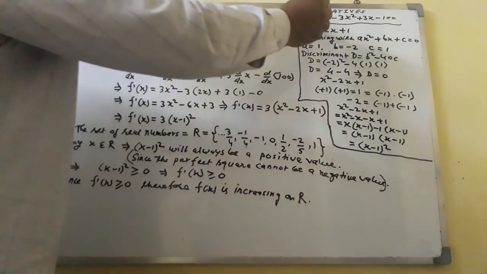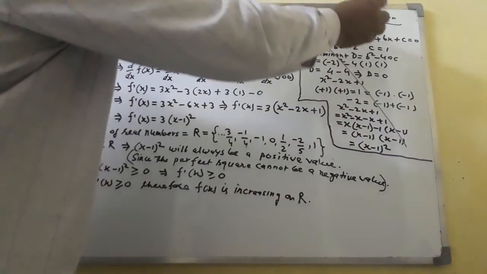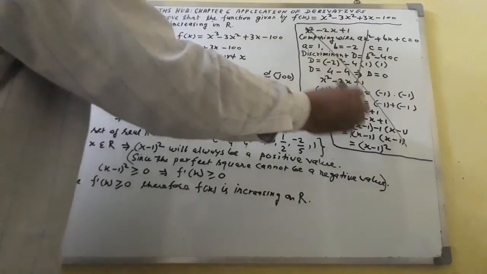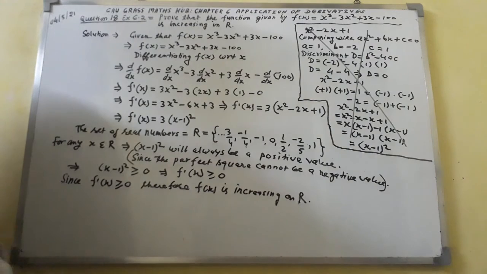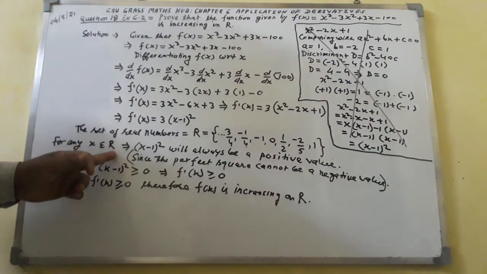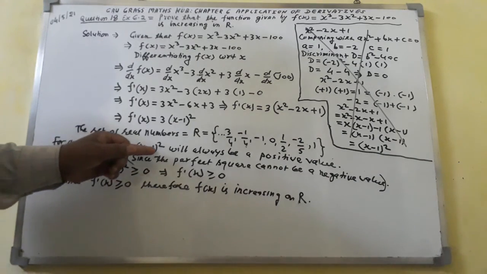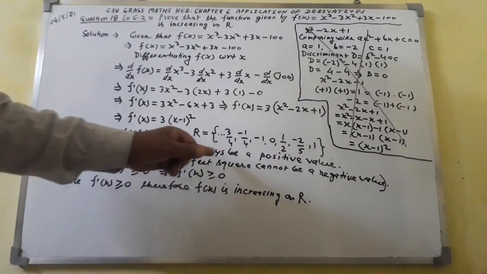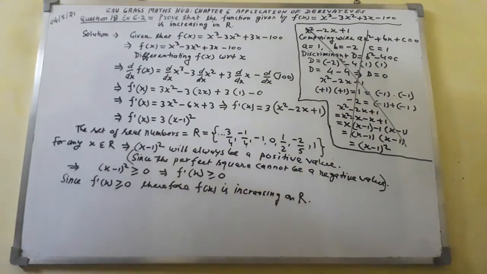This is the rough work I have done and explained the factorization of this quadratic equation in detail, and this thing you have to write. For any x belong to set of real number, x minus 1 whole square will always be a positive value. 0 is also positive value.